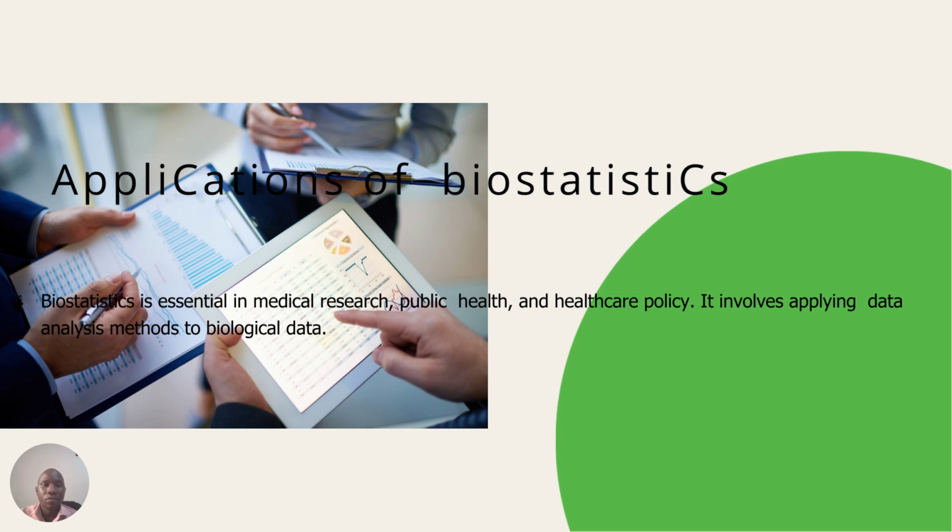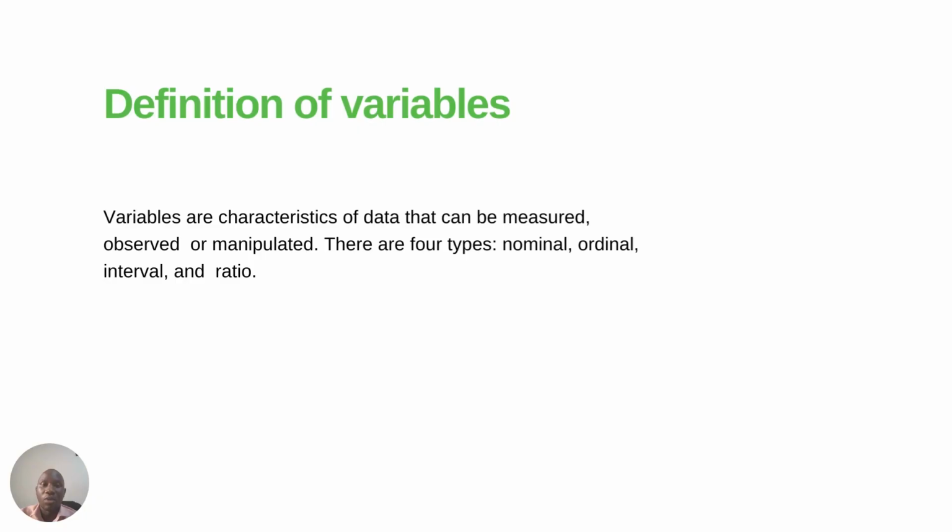In the different fields that I've just mentioned, we apply biostatistics in making decisions on clinical care for a given patient, in medical research, in policy making, and also in deciding which public health interventions we can implement. The data that we use to make these decisions comes from information that we collect on particular characteristics.